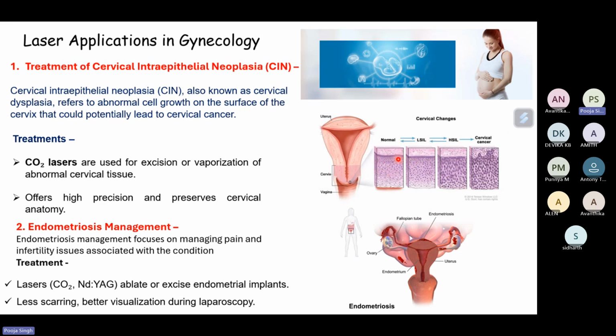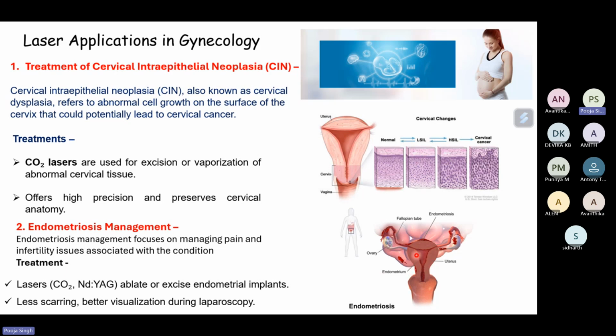Here you can see how normal tissue looks, and with time abnormal tissue growth occurs. This we call a tumor or cancer. To remove this we use CO2 lasers. Also, endometriosis management: this is the figure.